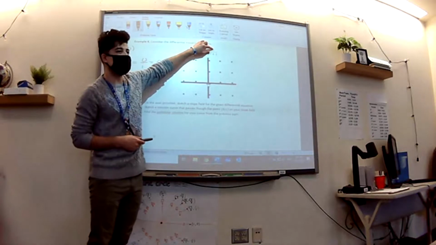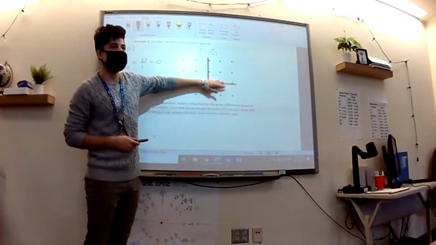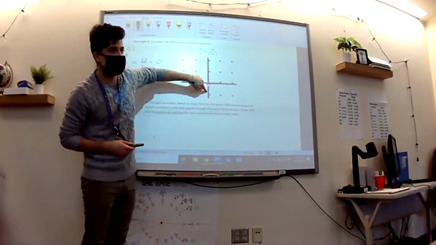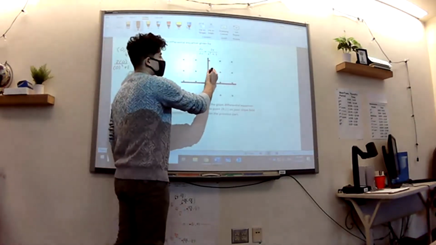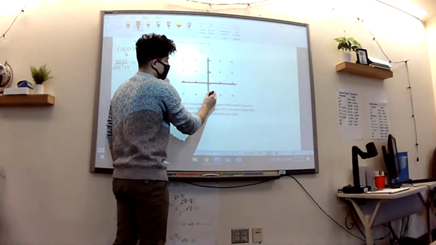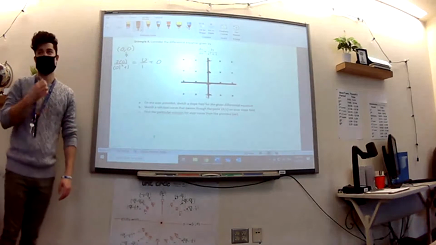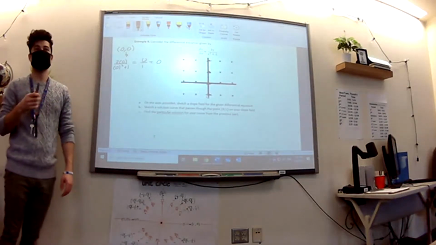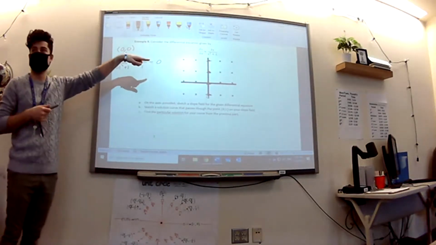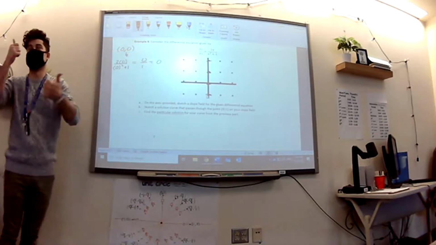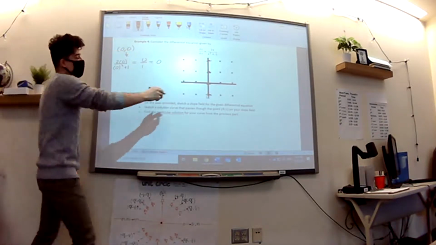Notice this has no y's in it, so the y-coordinate isn't going to change it. So anything along this axis is going to have a flat slope. You guys good when I say there's no y's in that, so it won't affect it? Okay, all right, good. Cool, then let's find out the next one.